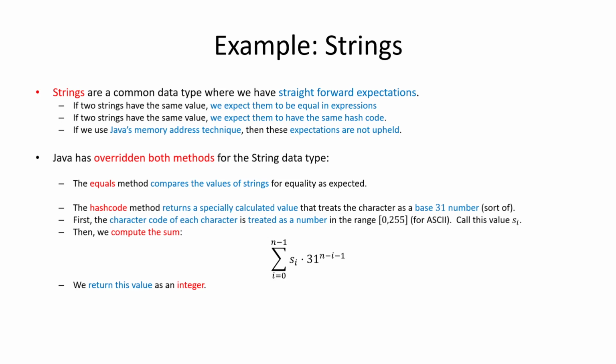as an integer, what we're actually doing is we're treating the string as an integer in base 256, which means that all of our digits have values in this range, 0 up to 255.